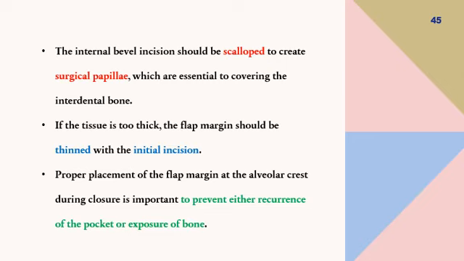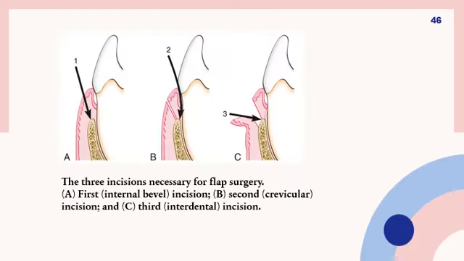So if my incision is very subgingival, I'm going to expose the bone. If my incision is closer to the gingival margin, I'm going to have pocket recurrence. So I'm going to need to place the flap margin at a level that neither of these problems occur.